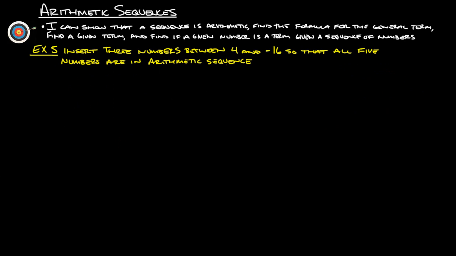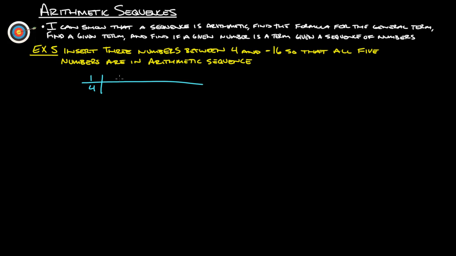Example 5. Insert 3 numbers between 4 and negative 16 so that all 5 numbers are in arithmetic sequence. This is really like what we did on the last example. Let's say the first term is 4.